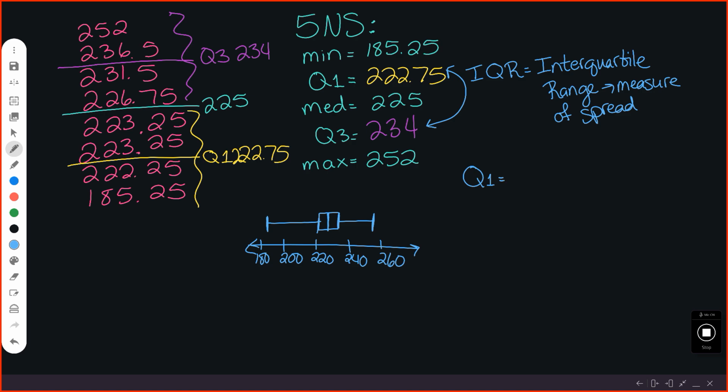Q1 is called the first quartile. It means 25% of the data is below it.